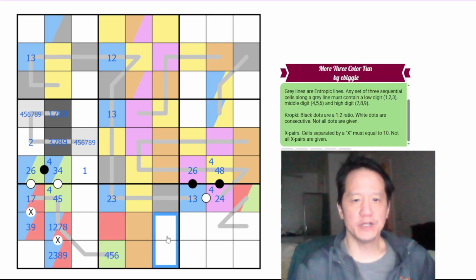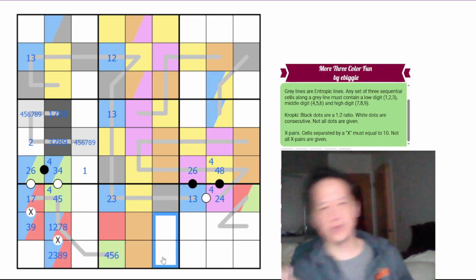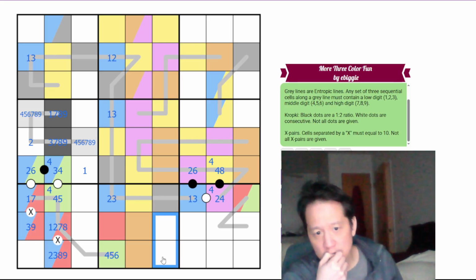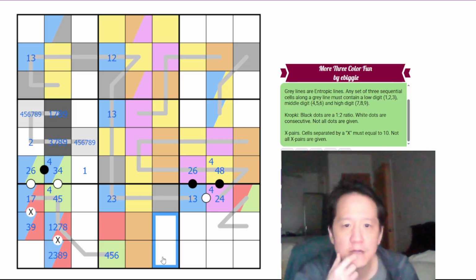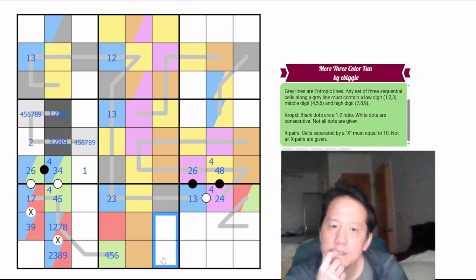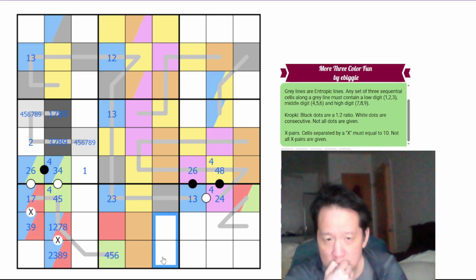We know we need one extra yellow here, and then we need a pink. Well, it's not necessarily pink.